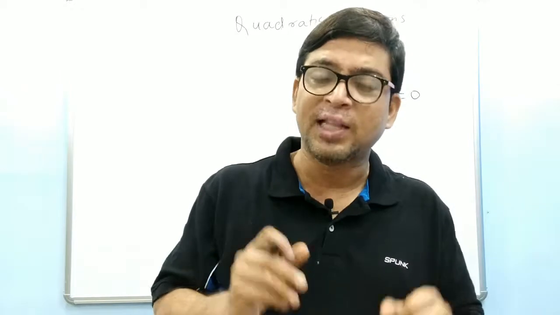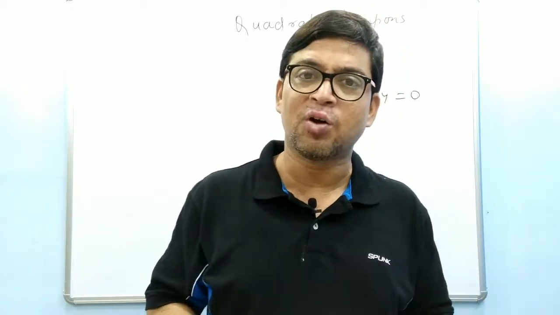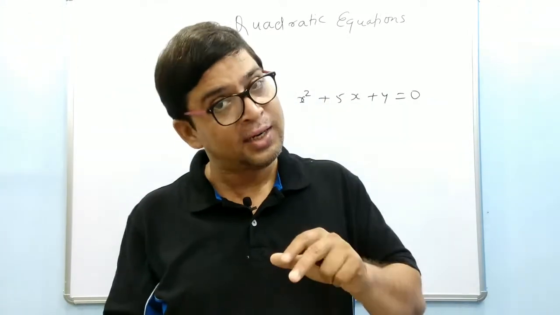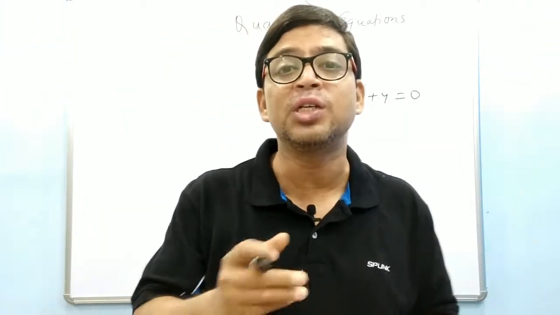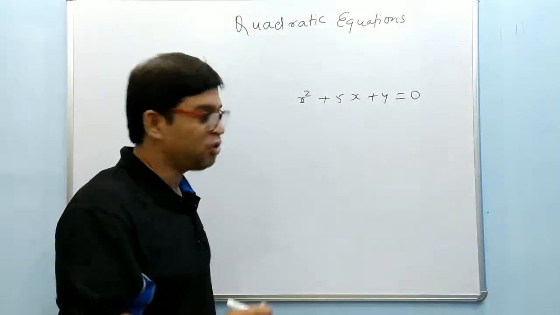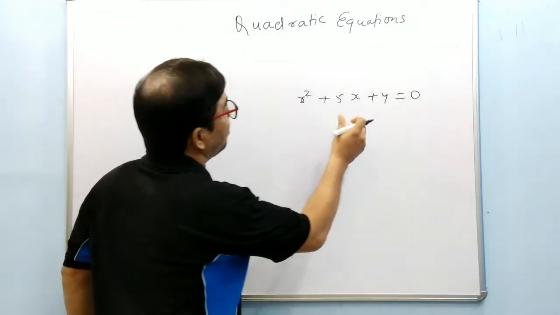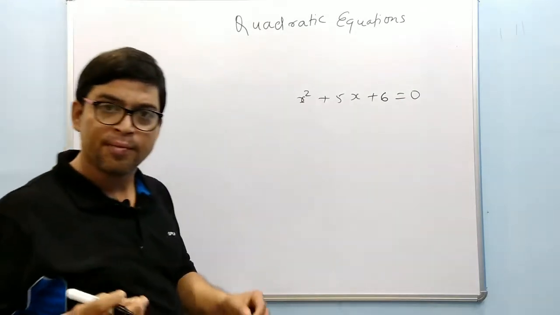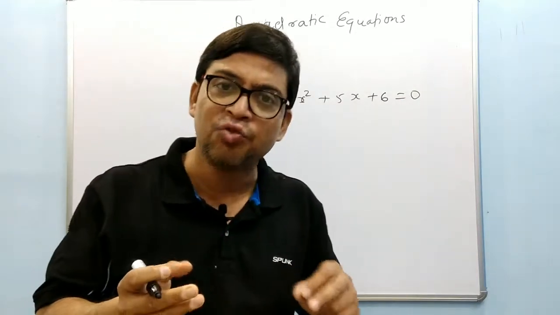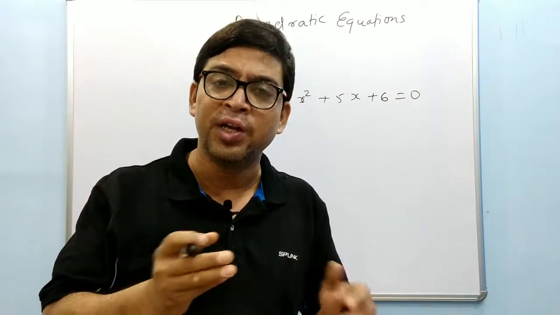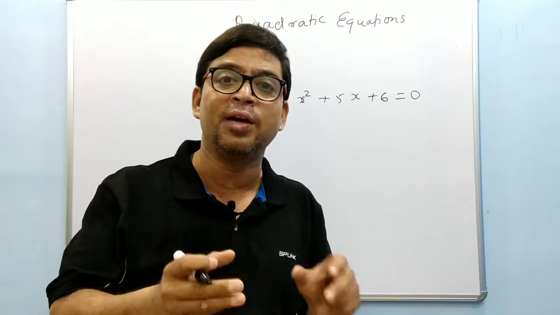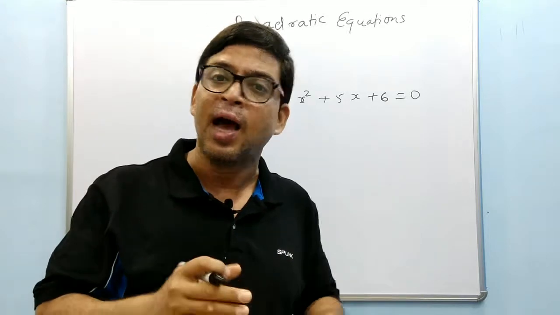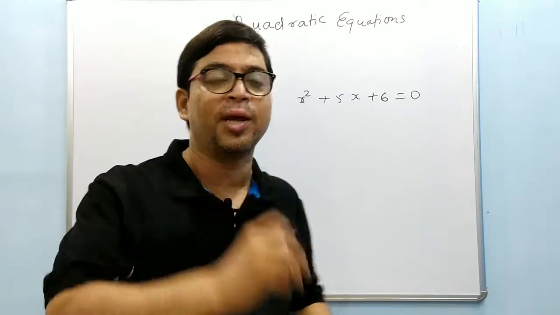The first method we will see for solving the quadratic equation is the factorization method. And the second method we will see using the formula. Suppose I am taking a question x square plus 5x plus 6 is equal to 0. So we need to factorize it. We need to split it in the form of one linear thing into another linear thing and we'll get the value of the variable.